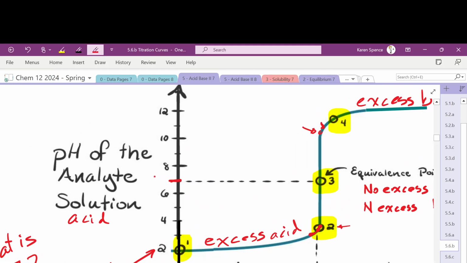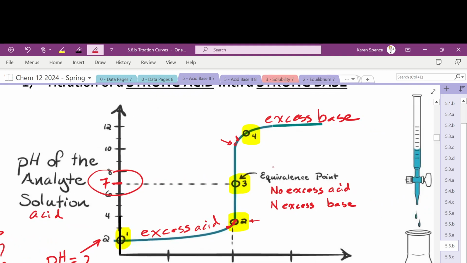It is 7. So NaCl is present, which is a neutral salt, and therefore we are at pH 7.